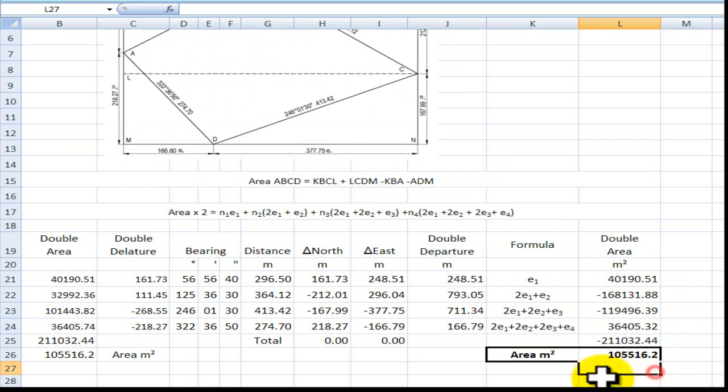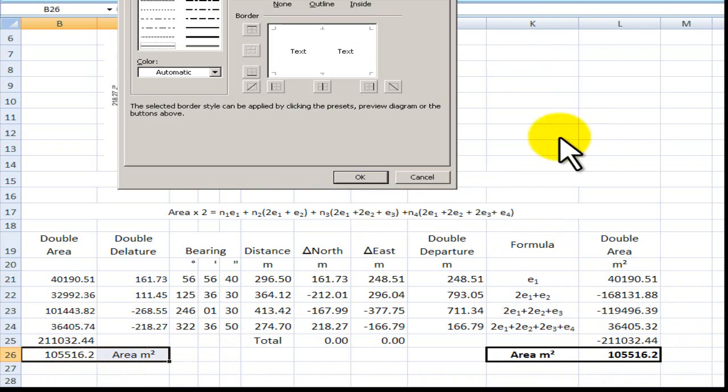Okay, so there you go. Put a nice little box around it there, and we'll do the same here. I'll just show you how to do that. Format cells. Yeah, nice little box around all that.